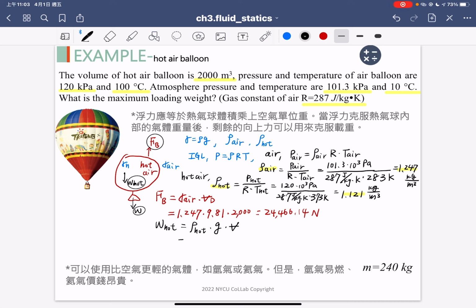So we put the numbers in: 1.121 multiplied by 9.81 and multiplied by the total volume 2,000.